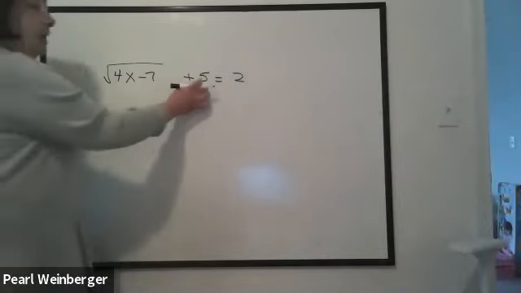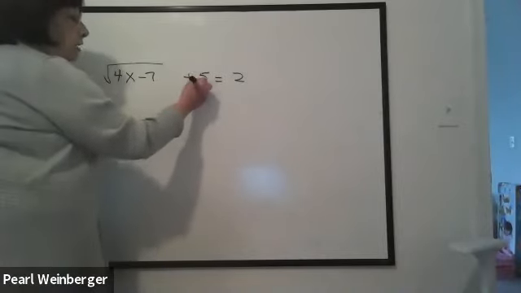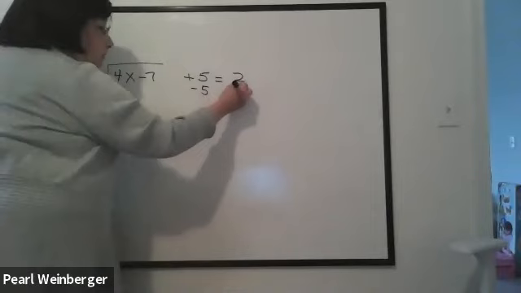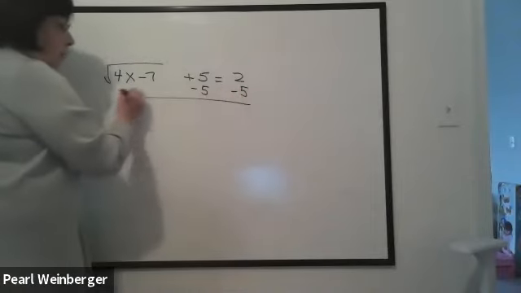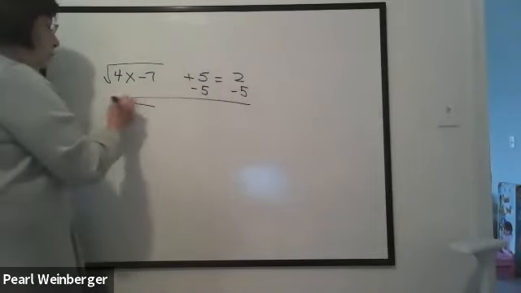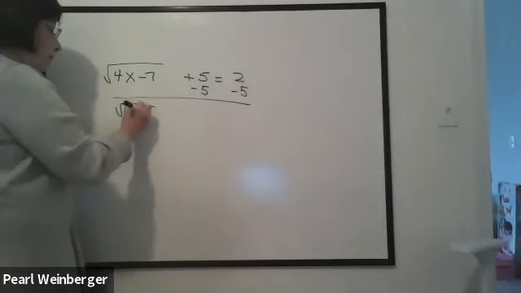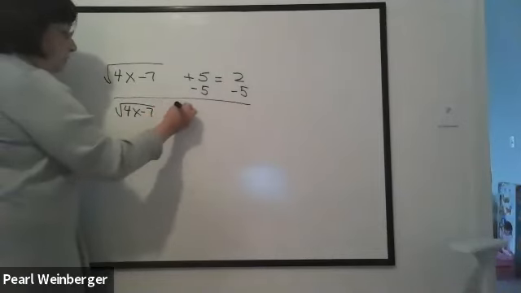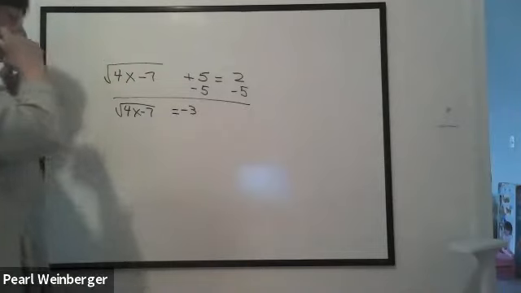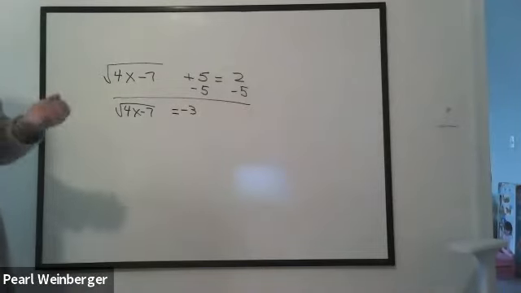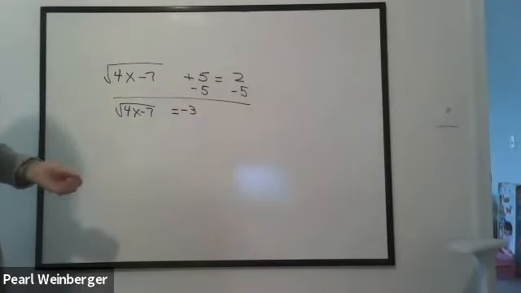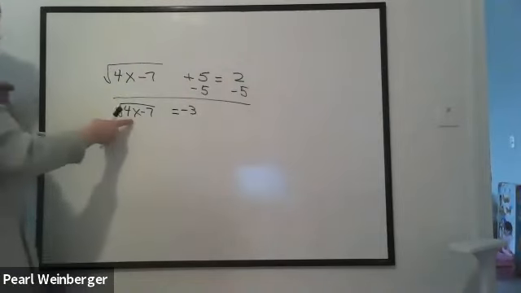So we want to get this 5 to the other side, which gives me that the square root of 4x minus 7 equals -3.